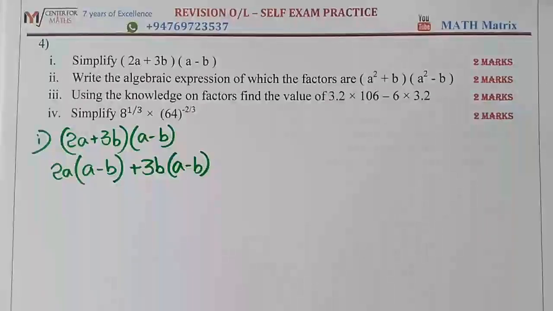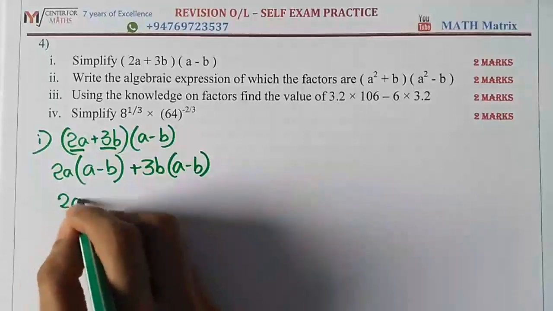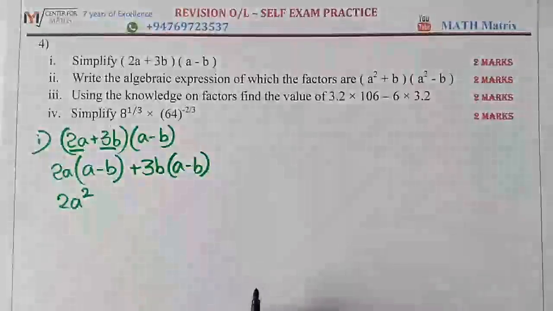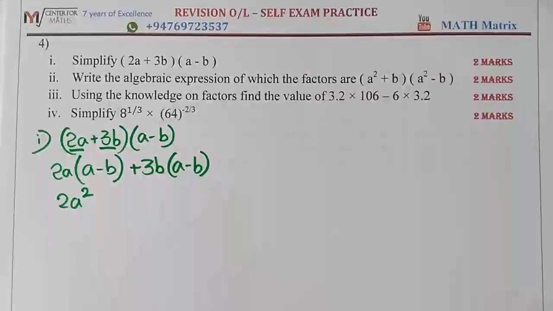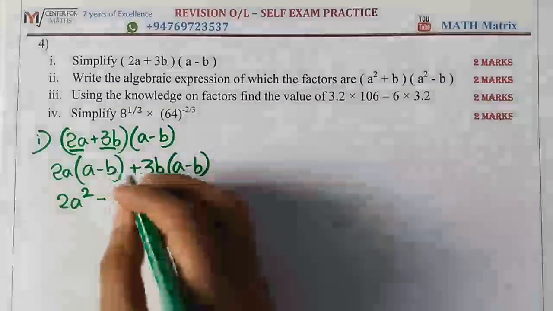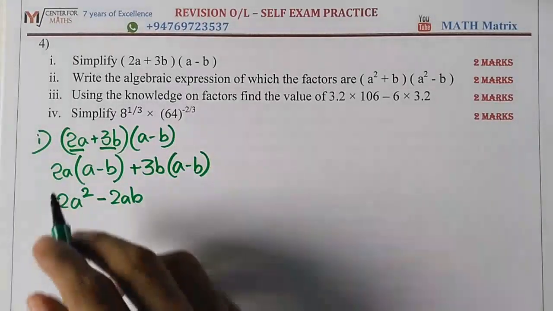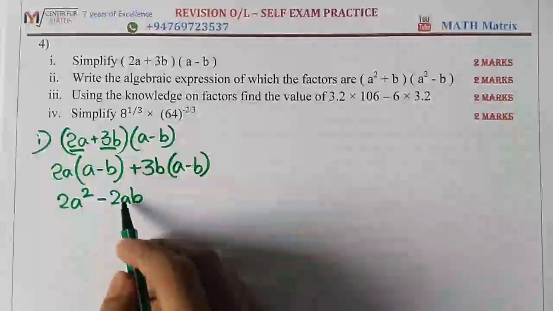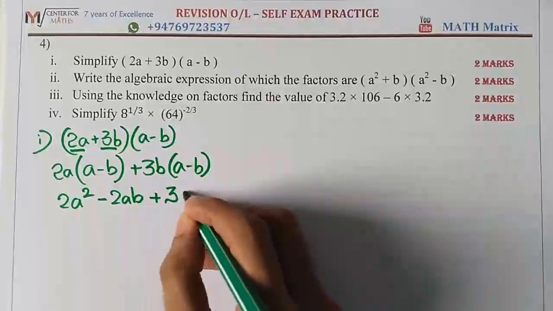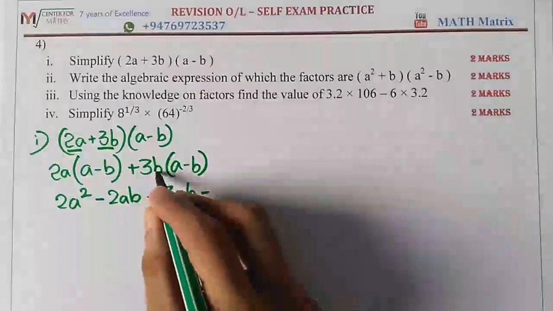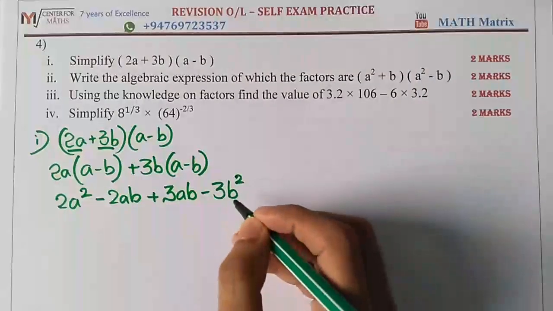So 2a into a is 2a squared, and the next one, minus 2a into b, is minus 2ab, and plus 3b into a is 3ab. And the last one, 3b into b, is 3b squared.